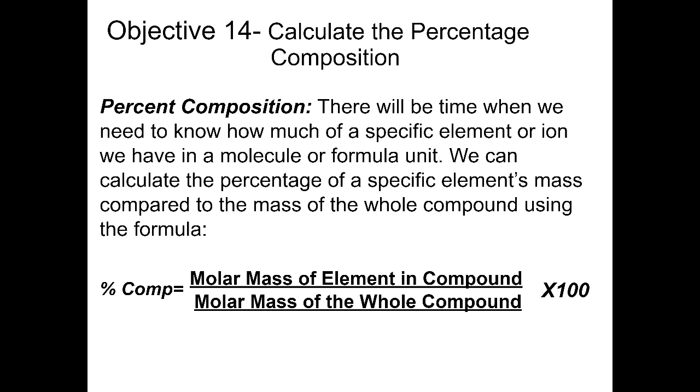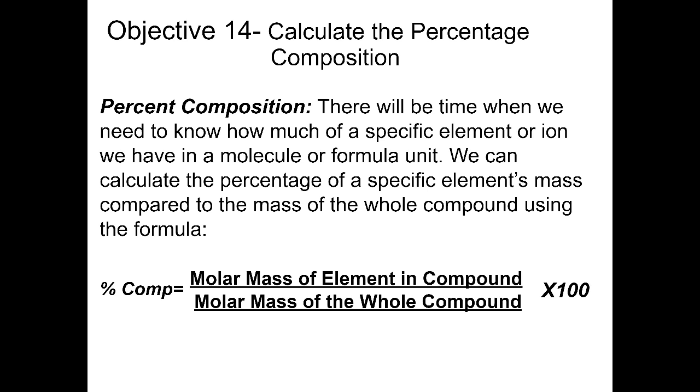Why 18? Because hydrogen has 2 grams per mole, since there are 2 of them with 1 gram each, and oxygen has a molar mass of 16.0 grams per mole. So we're looking at the whole thing as a whole: 16.0 plus 1.0 plus 1.0 is 18.0, the molar mass of the whole compound for water.